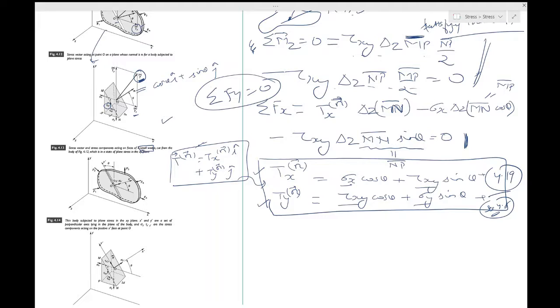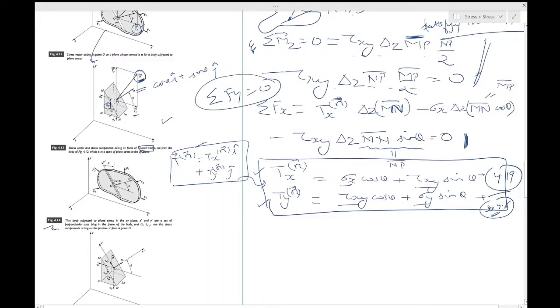Now the next question which we should consider is, do the known stress components in the x and y faces determine the stress components on a face which passes through the point and whose normal x dash lies in the xy plane and makes an arbitrary angle theta with the x-axis? Look at this diagram 4.14.